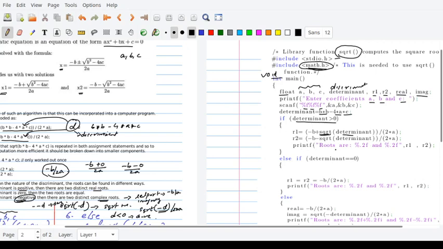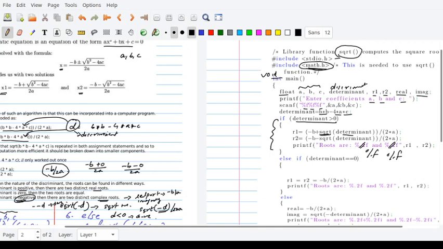Then I will print the two roots. Roots are %f, %f, r1, r2. So just write it as %f. If the determinant is positive, you are executing this block.